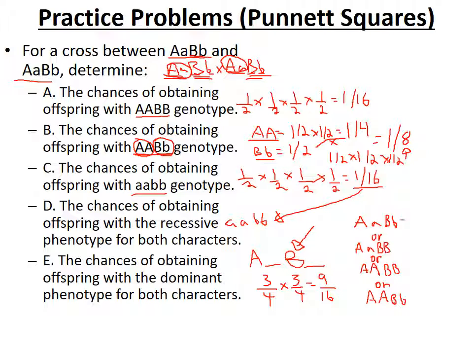Those are the different ways to get the dominant phenotype. Now, if you're an individual, you won't have all of these.